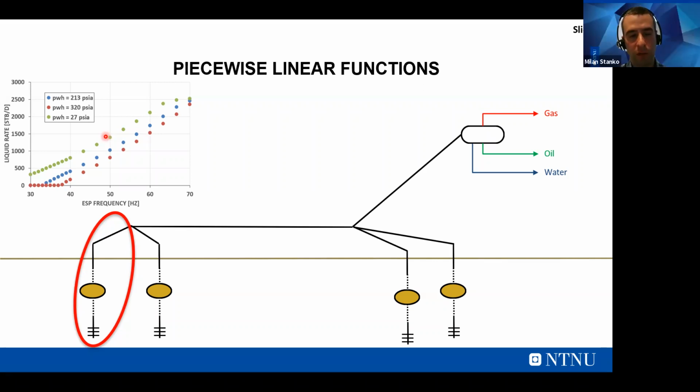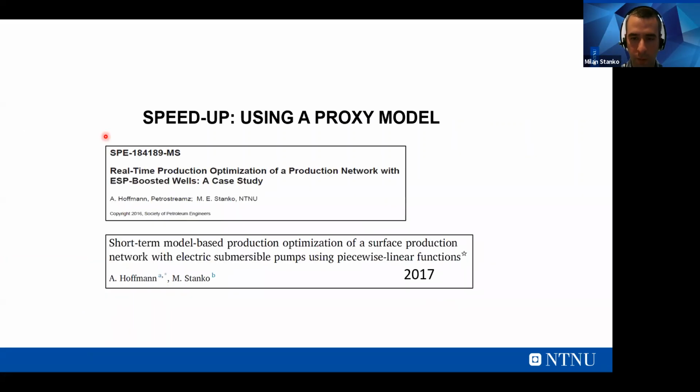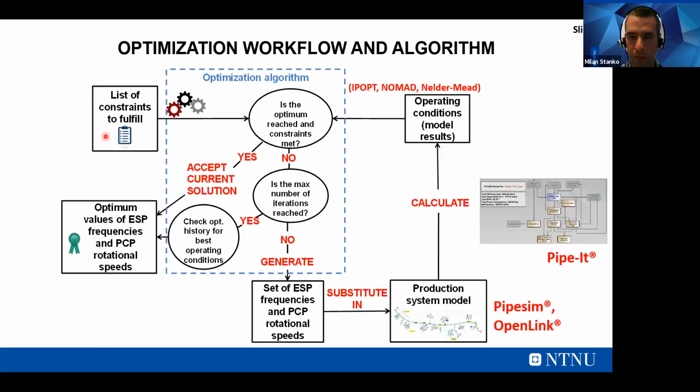Yeah, this is not stochastic, and this one was gradient based, the one we did for Rubiales. When you do this, the optimizer requires, to find the directions where to go next to maximize oil production, that you do perturbations on the system. Let's say you want to change the frequency in well 1.